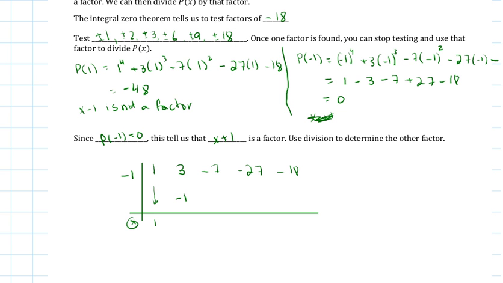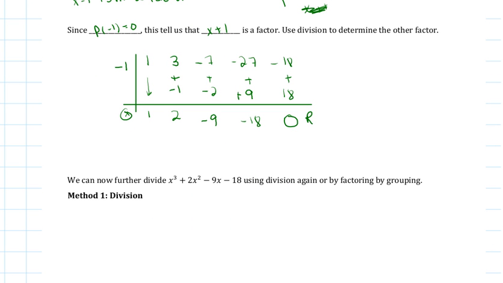Add, that's going to be 2. And 2 times negative 1, that's negative 2. Add, that's going to be negative 9. Negative 9 times negative 1 is positive 9. And then I'm going to add, that gives me negative 18. Negative 18 times negative 1 is 18. And then I'm going to add, and that's a remainder of 0.